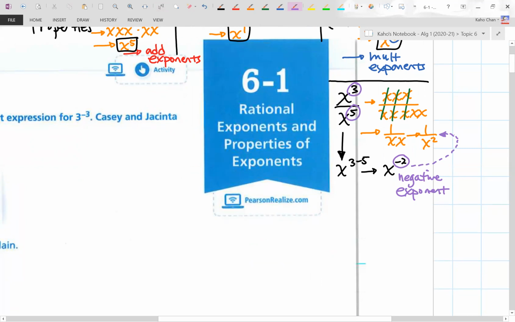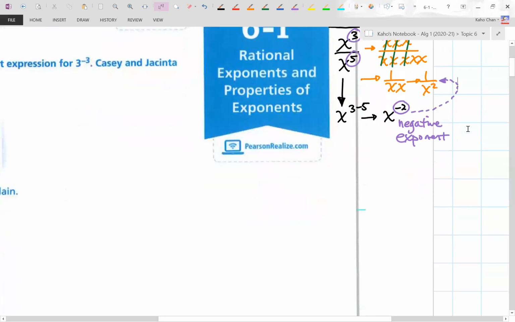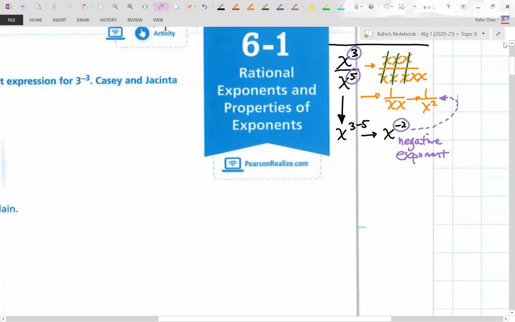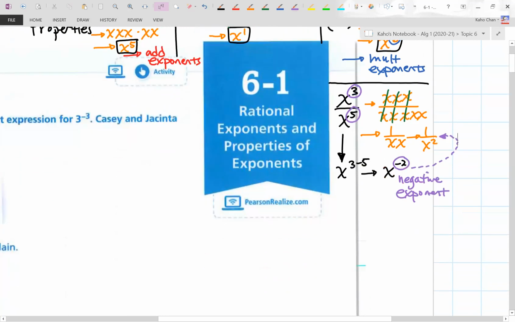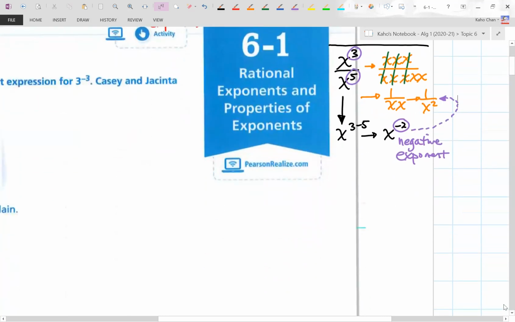I'm about to give you a new property of exponents. We've already gotten the product property, the quotient property, and the power of a power property. We are now going to show you the negative exponents rule. So hold on to that thought there with x to the negative 2.